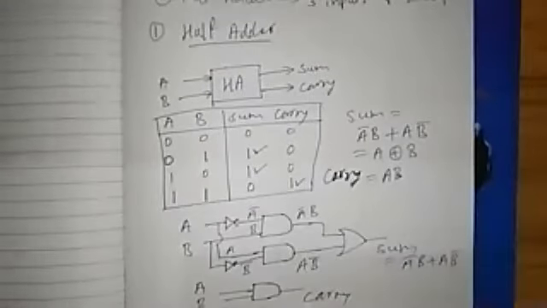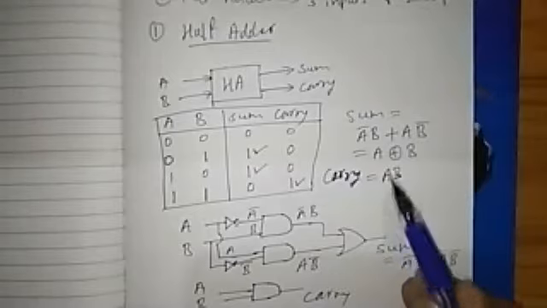Now both are connected to an OR gate. This is sum: A bar B plus A B bar. Similarly, carry will be A and B. This is carry. Understood? This is how the half adder block diagram is implemented using basic gates. These are the expressions for carry and the sum.